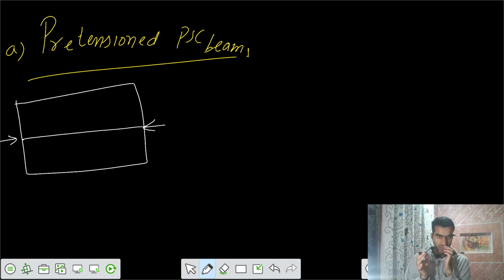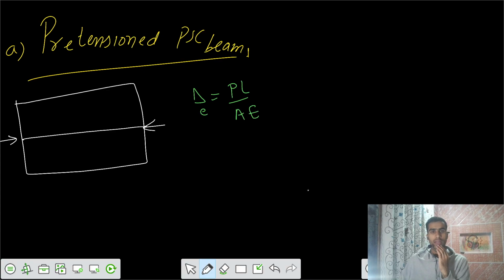There's a chance of elastic shortening: the concrete is going to shorten by some delta equal to PL by AE. We can call it delta elastic shortening in the concrete, equal to PL by AE.